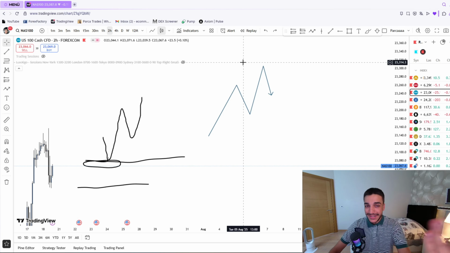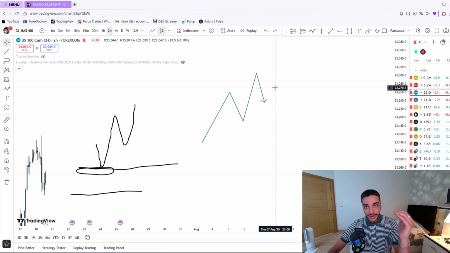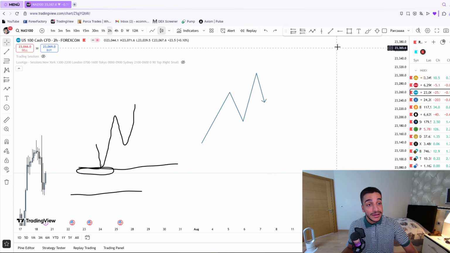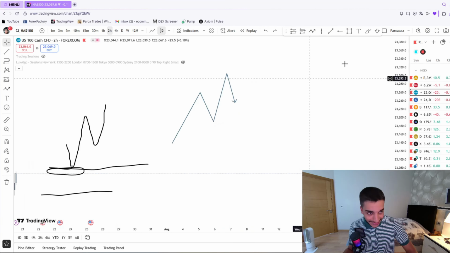You understand what I'm saying? After the break of structure, we are waiting for an instant move to the opposite side. That place is where we enter the trade, and where we put our take profit at the previous low, like this.